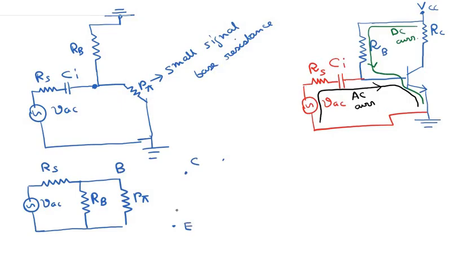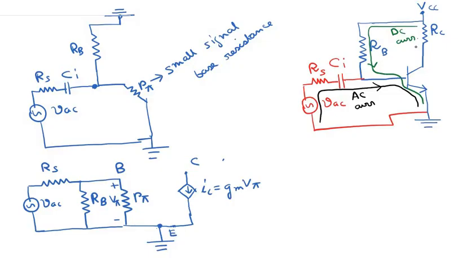Just as I said, the collector is modeled by this dependent current source IC equal to Gm V pi, where V pi is the voltage drop across this resistance R pi. This dependent current source models the collector to emitter junction. So this is the emitter point E, and this emitter point is grounded.